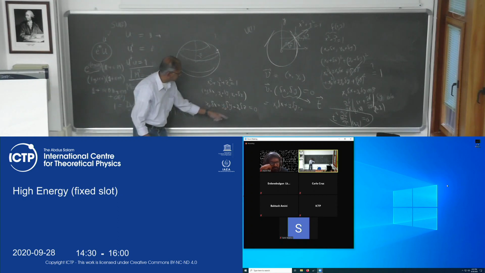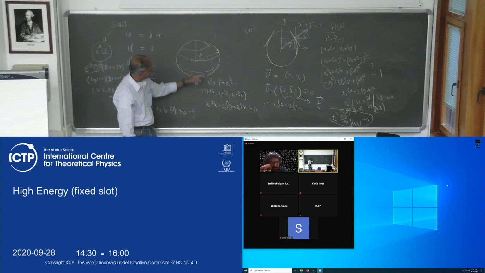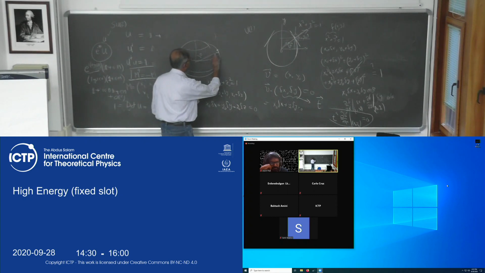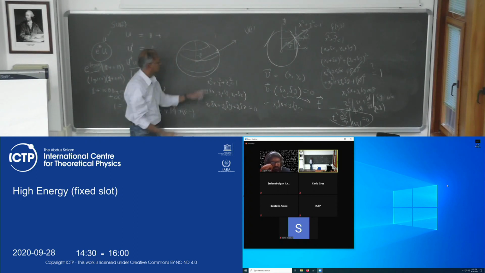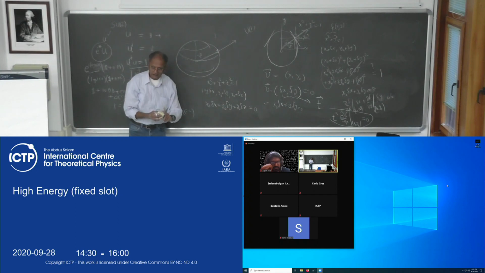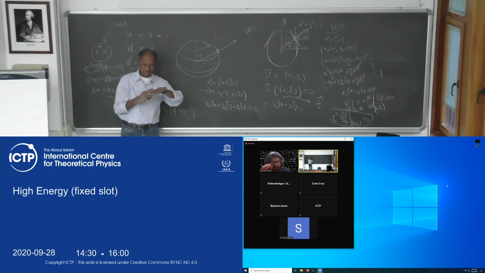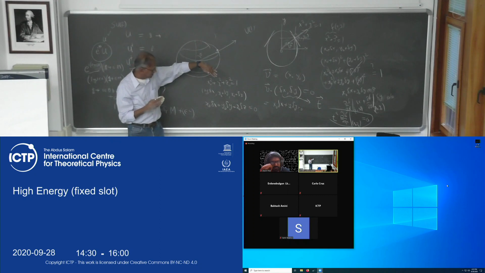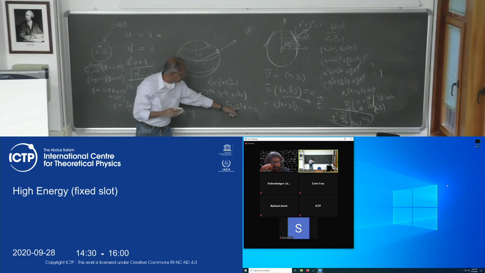So these are all the directions which are perpendicular to the radial direction. The radial direction has the components exactly x naught, y naught, and z naught. So this is just saying that delta x, delta y, delta z is a vector which is orthogonal to the radial vector. So that's the tangent relation, tangent space, tangent to the surface. And of course, it's one equation for 3 real numbers.